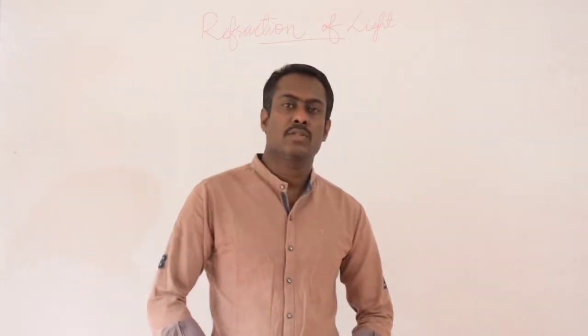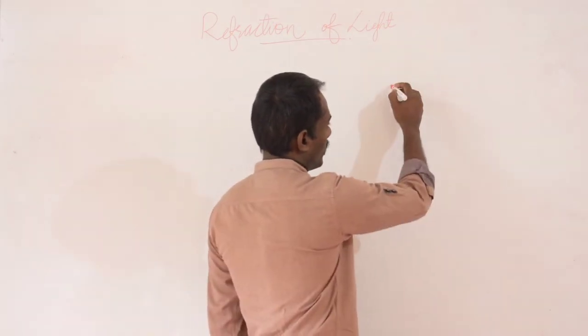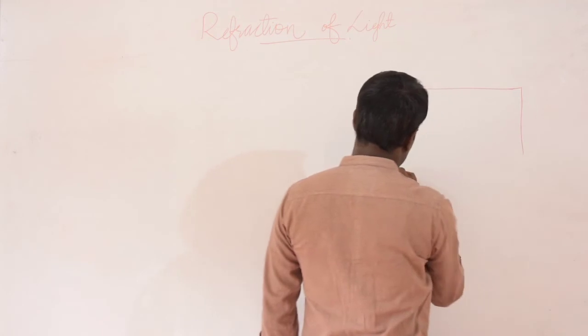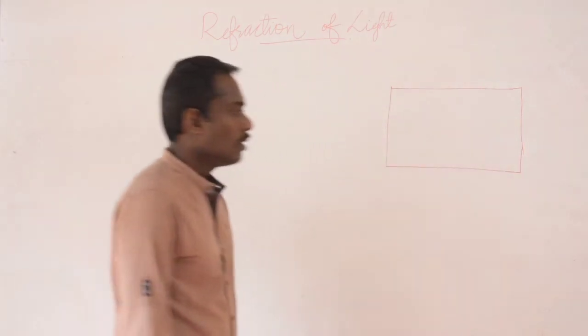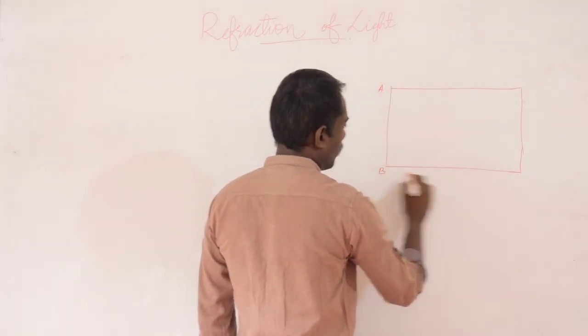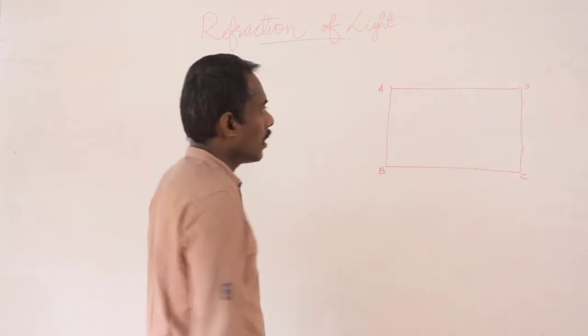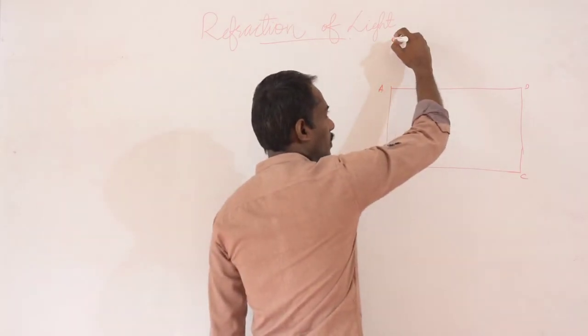The next topic: refraction of light through a glass slab. Here is a glass slab ABCD, and an incident ray of light incident obliquely on the side AB of the glass slab.